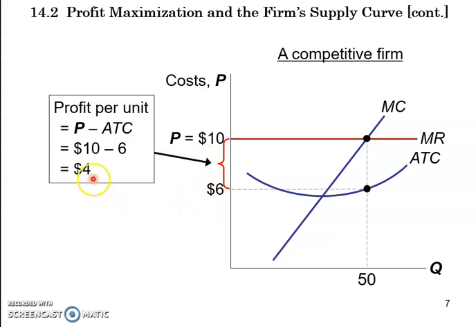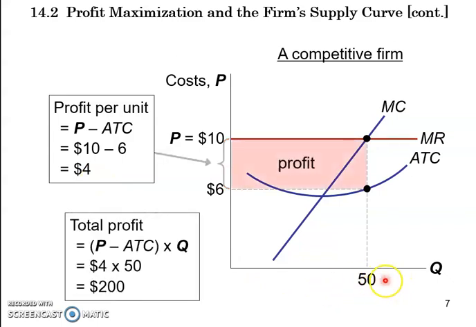So by selling or producing each unit, the firm can make $4. And remember, it produces 50 units. So you use the profit per unit times the quantity, and you would be able to find the total profit is $200 on the graph. That's the pink area here.